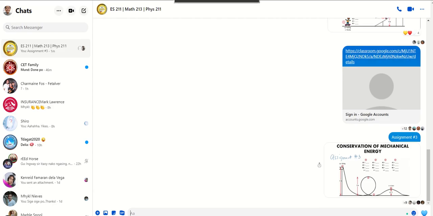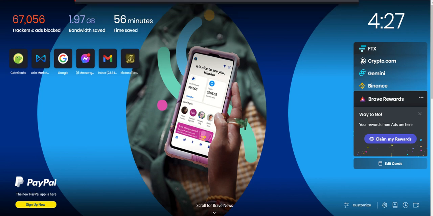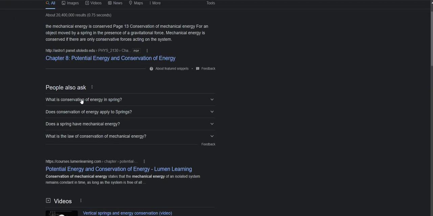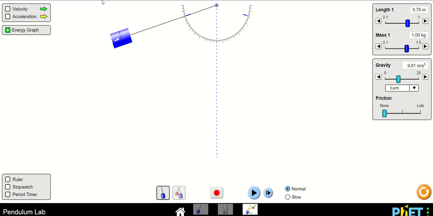Try natin sa internet, no? Spring. Okay, anong formula? Motion of a mass on a spring. Wala kasi sa simulation.